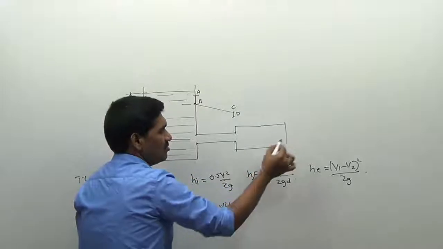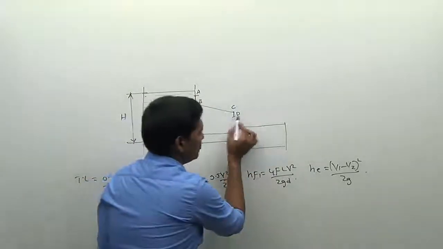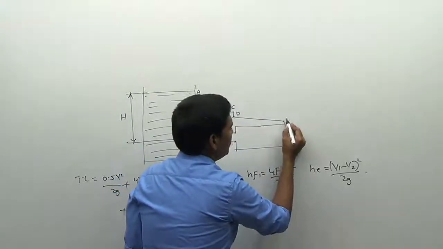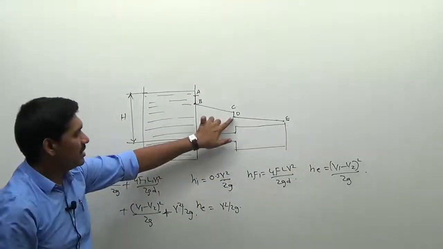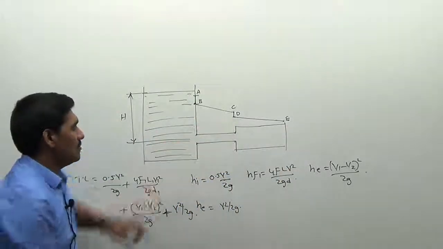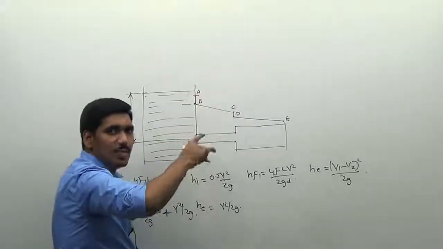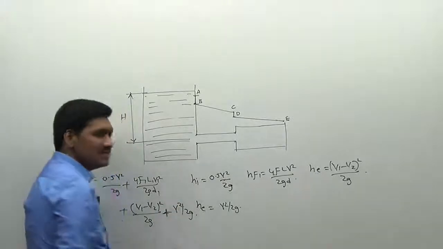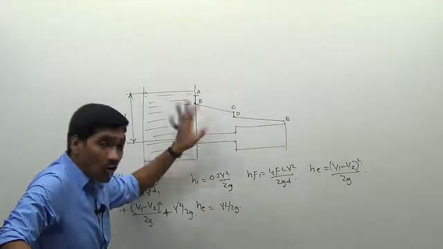Next, along this entire length we will be having some friction. Therefore this line will be an inclined line here. I am taking this point as some point E. So these values A, B, C, D, E, all these points are the values of total energy. Total energy in the sense it is the energy per unit weight, or the total head.